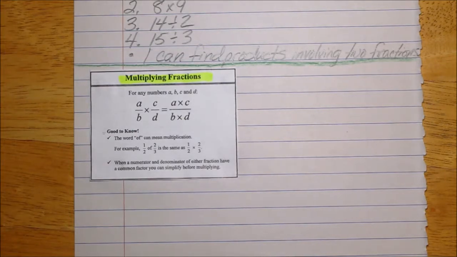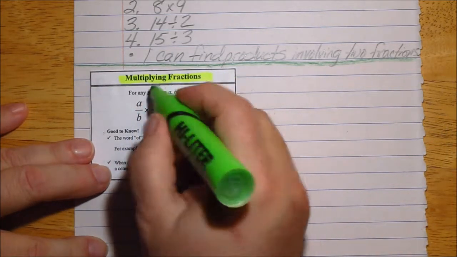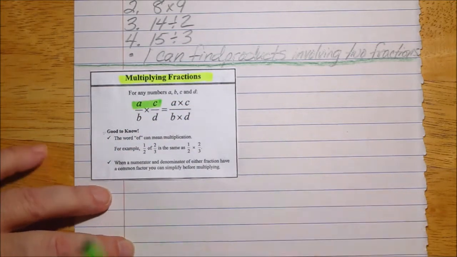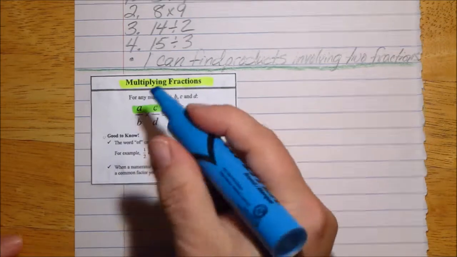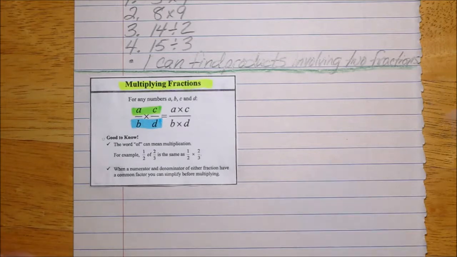So I'll take my yellow highlighter and highlight multiplying fractions. All right, so I'm going to do something real quick here on the little notes cutout. It won't make sense right at first, but like we often do, we'll just do some marking up of this, and then we'll do explaining out to the side. So first thing I want you to do is take your green highlighter pen and just highlight that AC that's right there. And then with your blue one, highlight the BD that's right there. All right.